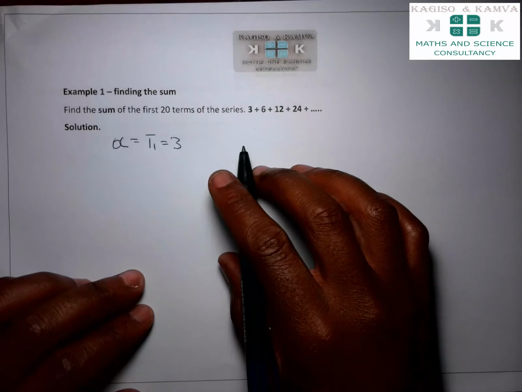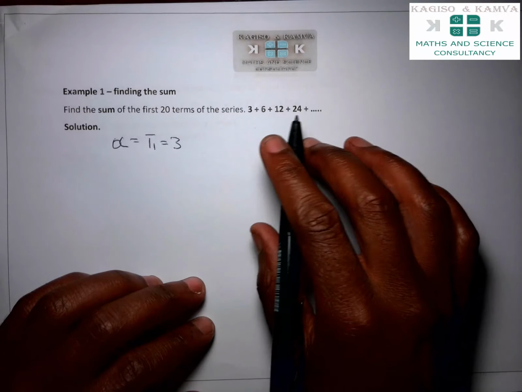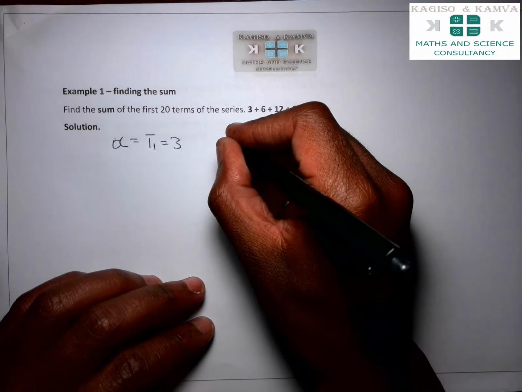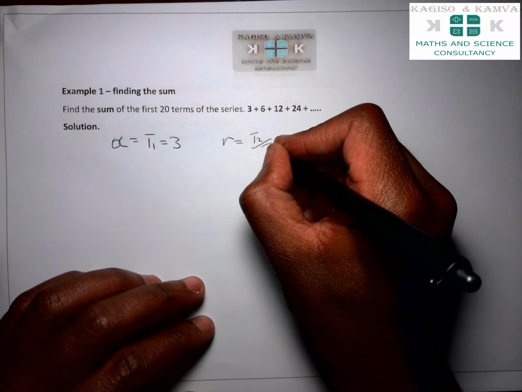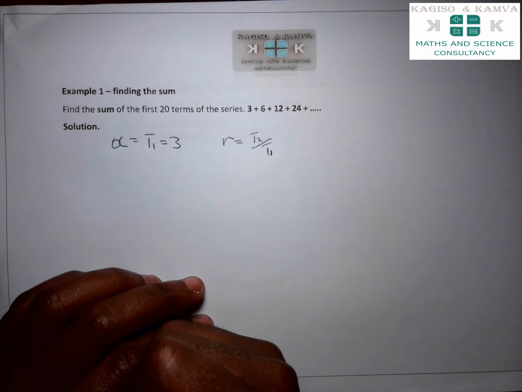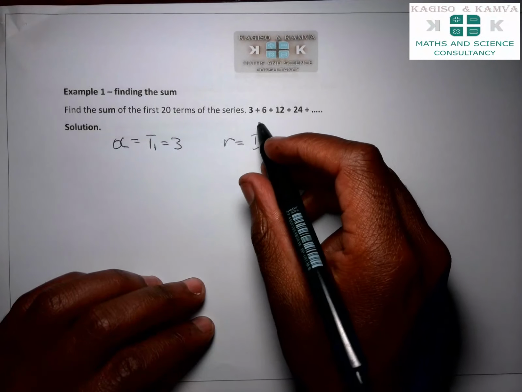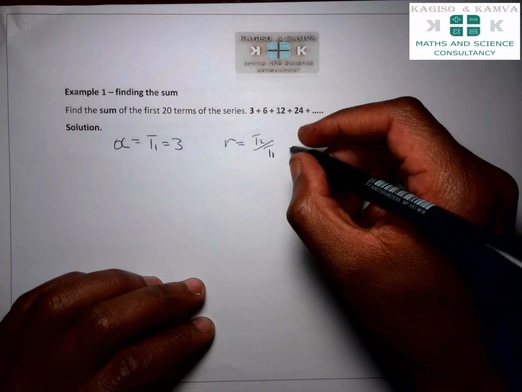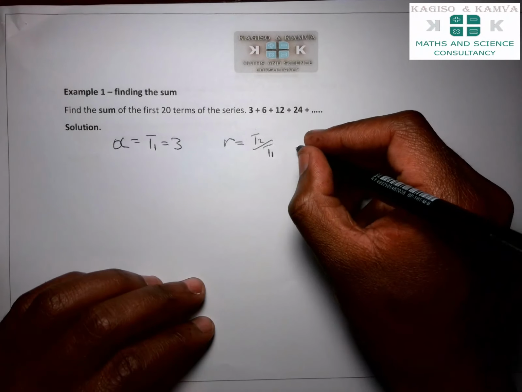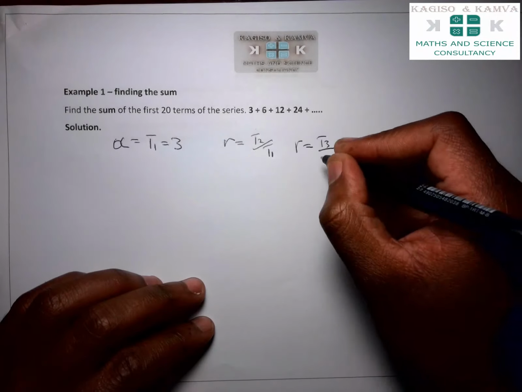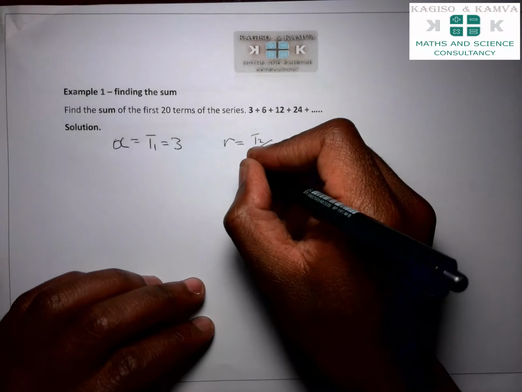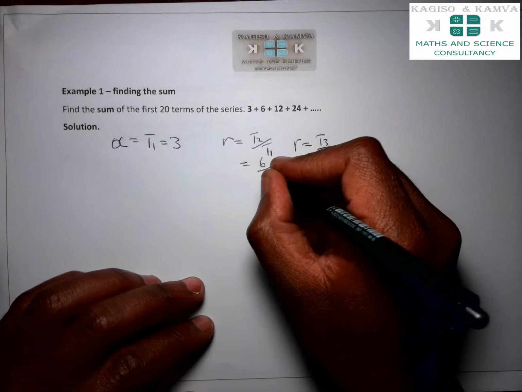Now we need to find the ratio, which is t2 over t1. We must also confirm that the ratio is constant by finding another ratio, t3 over t2. Now t2 over t1 is 6 over 3.